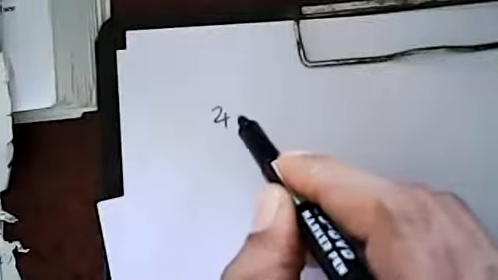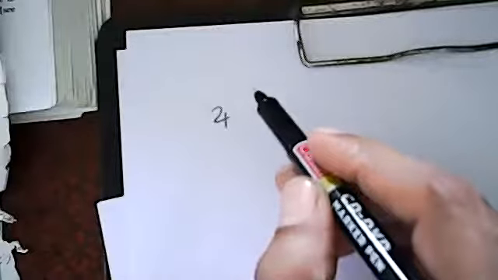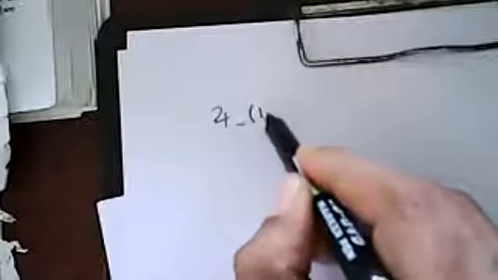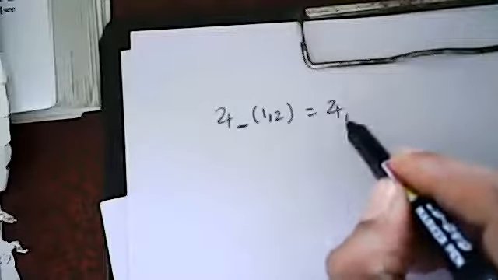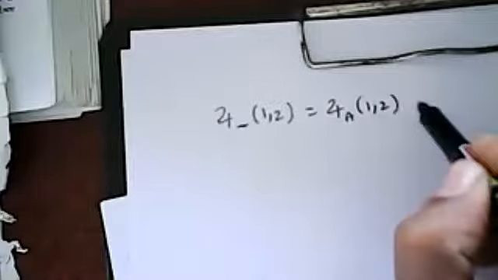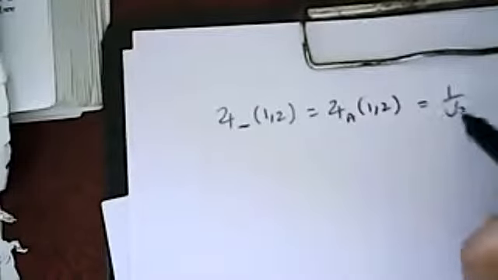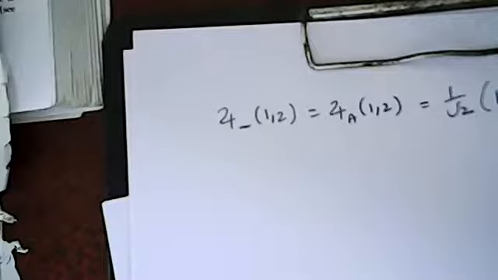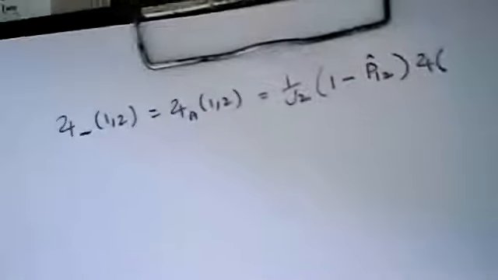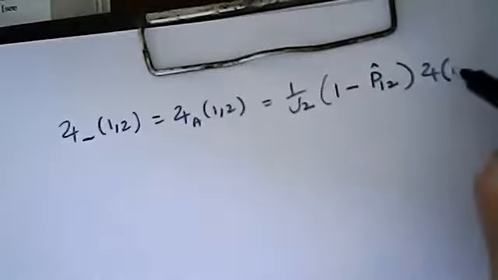Similarly, psi minus 1, 2 you can identify as psi antisymmetric 1, 2, which is nothing but 1 by root 2 into 1 minus P12 acting on psi of 1, 2.